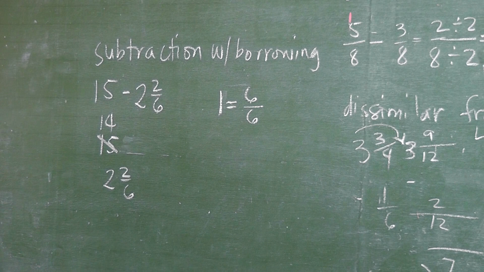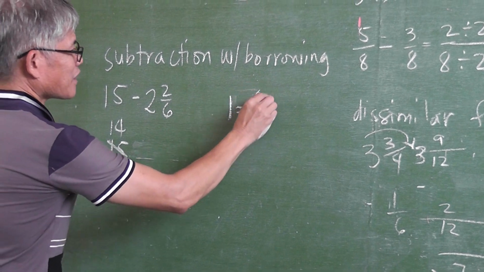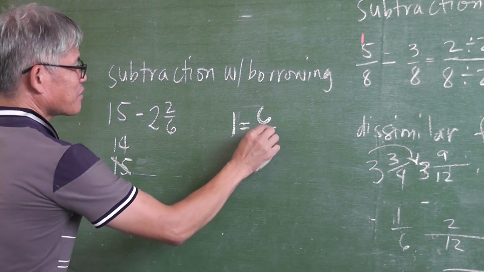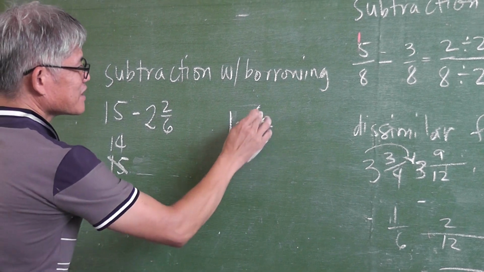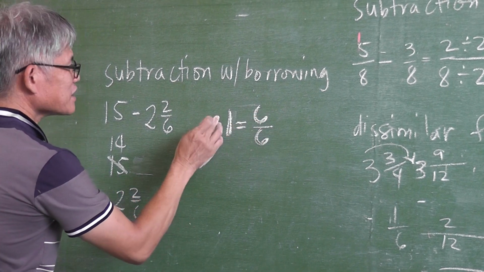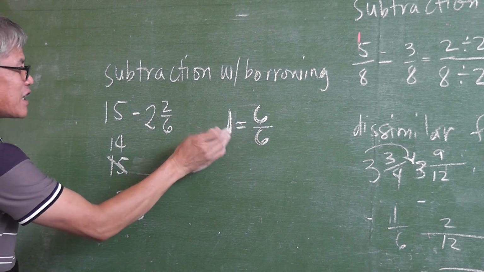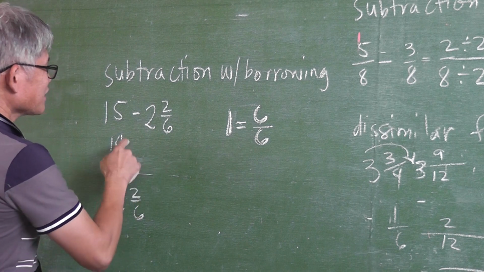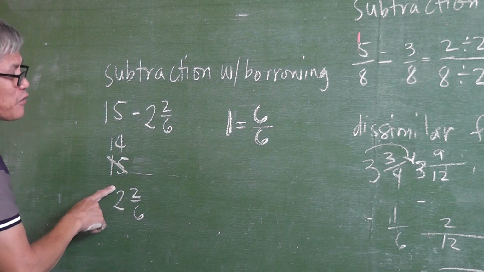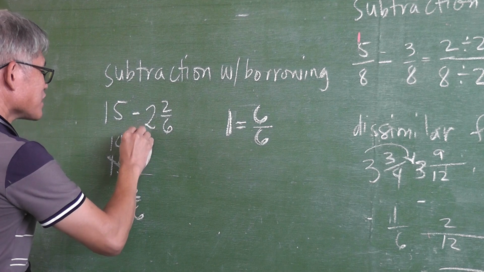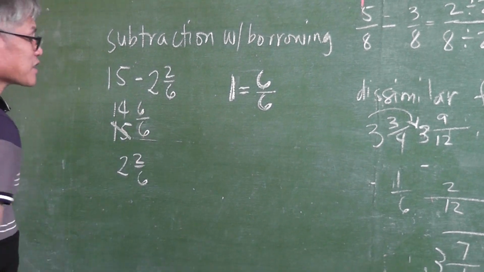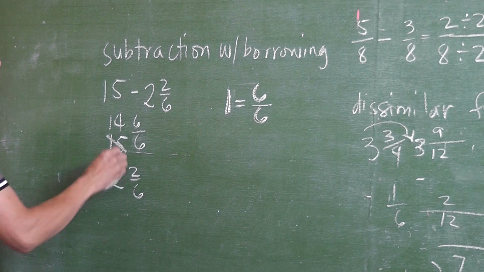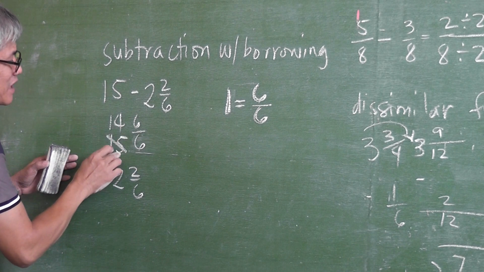Fractions equal to 1 are fractions that have the same numerator and denominator. 6 divided by 6 equals 1, so this is the 1 that we borrowed. If we add this 1 to 14, it will become 15 again. So our fraction here will be 6 over 6.